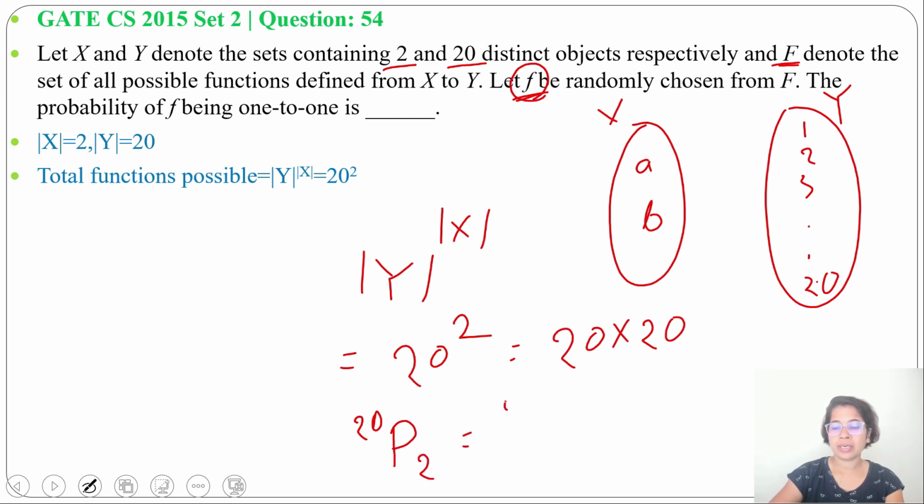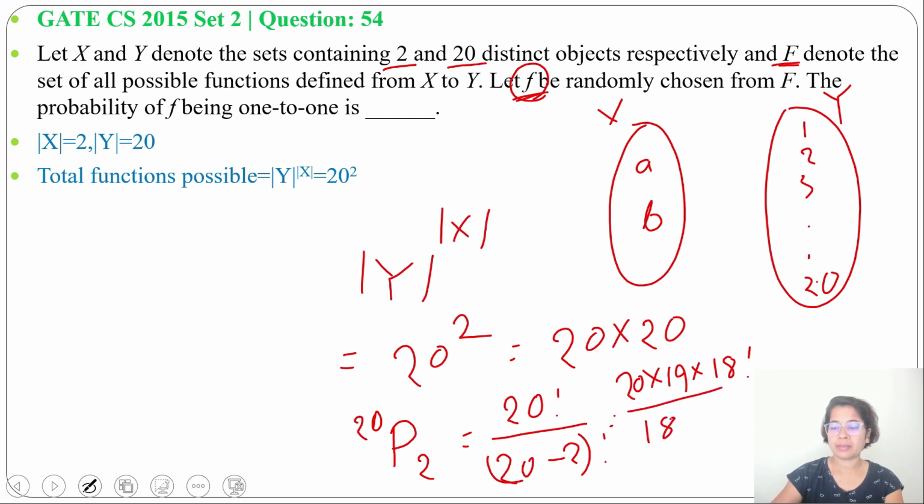So we can say 20 factorial divided by (20 minus 2) factorial. It's 20 multiplication 19 multiplication 18 factorial divided by 18 factorial. These two will be cancelled. It's 20 multiplication 19.